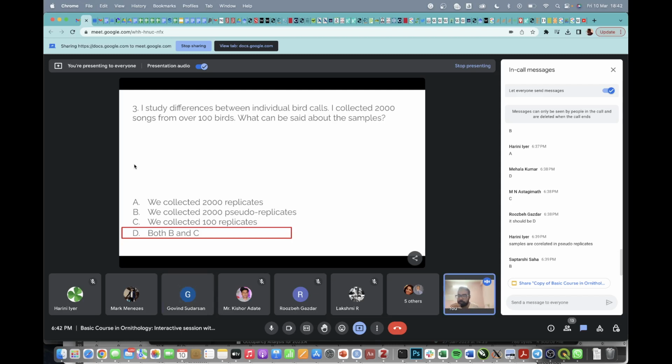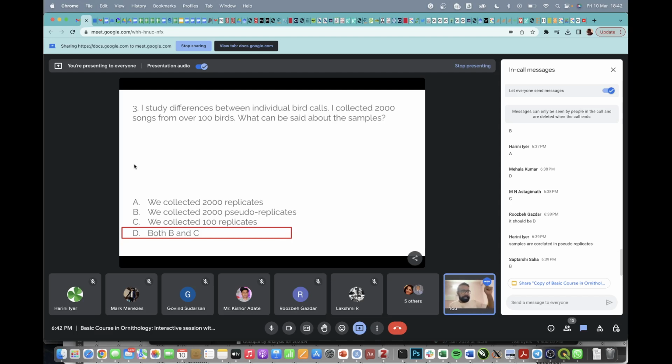No, that is not what pseudo replicate is. Pseudo replicate would mean that you say that all 2,000 would be separately analyzed. Suppose when you're doing your analysis, you look at the minimum frequency, maximum frequency, bandwidth, all these things, for each song.